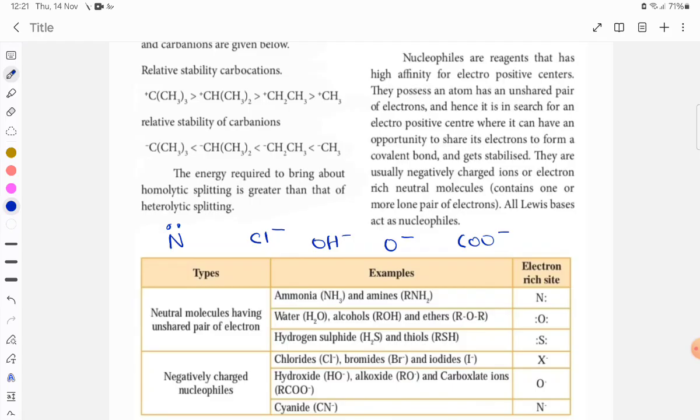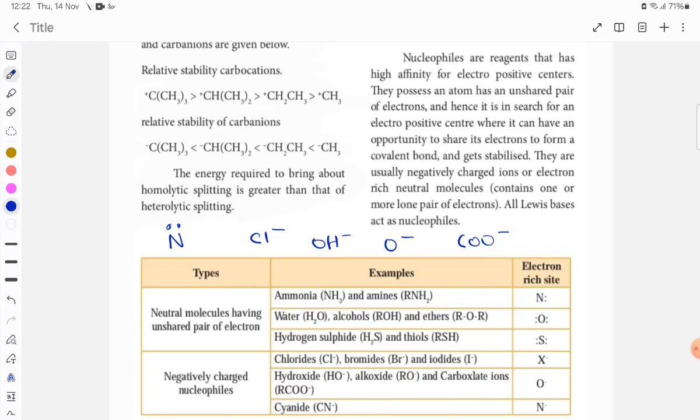Now we are going to discuss negatively charged nucleophiles. First are fluoride, chloride, bromide and iodide, so generally halides. These halides are negatively charged and have electron rich centers. Then hydroxide, alkoxide and carboxylate ion.